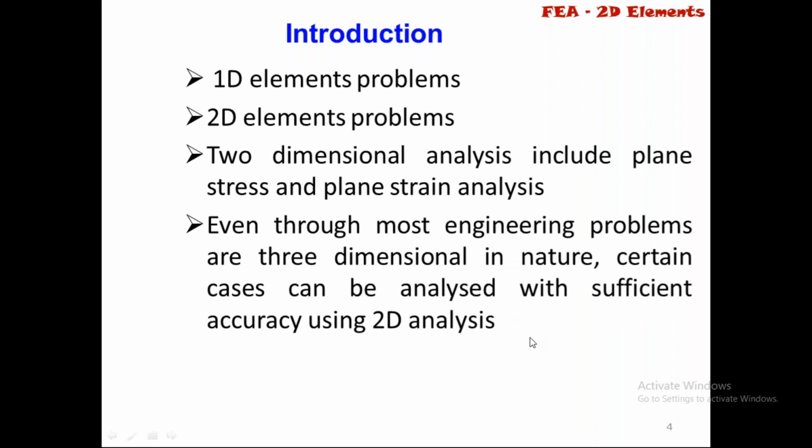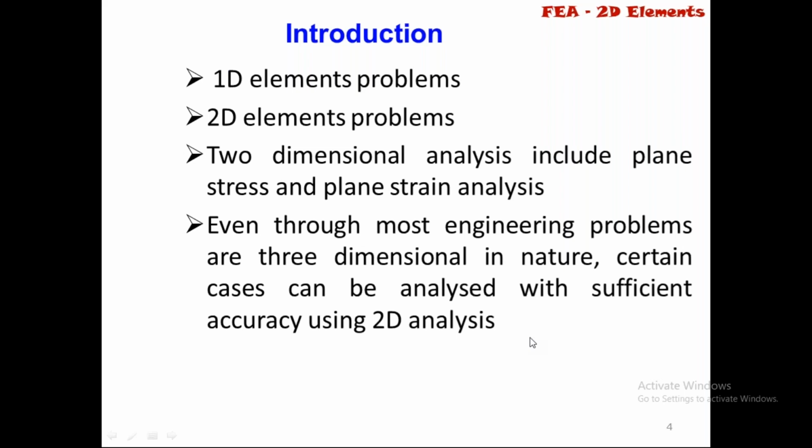Even though most engineering problems are three-dimensional in nature, certain cases can be analyzed with sufficient accuracy using 2D analysis. Almost all engineering problems are three-dimensional in nature, but only for simplicity do we engineers consider a 3D problem as a 2D problem.